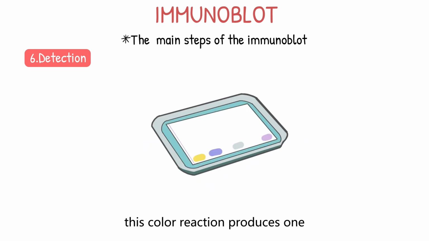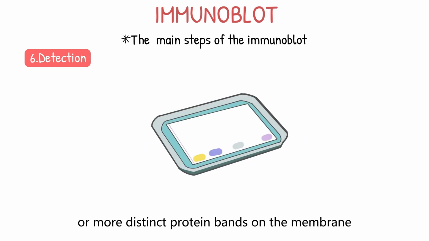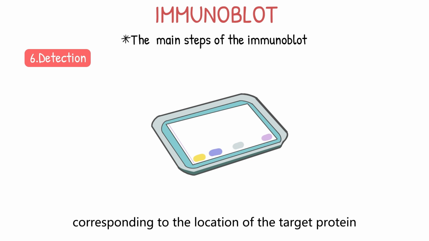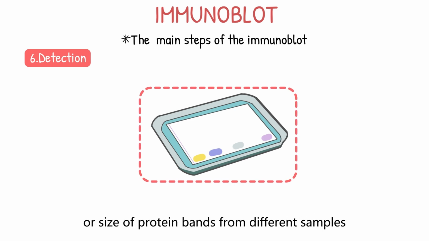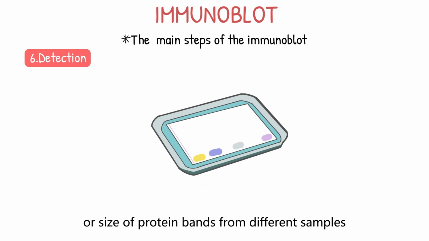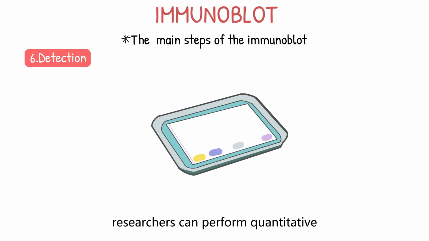This color reaction produces one or more distinct protein bands on the membrane, corresponding to the location of the target protein on the gel. By comparing the intensity or size of protein bands from different samples, researchers can perform quantitative or qualitative analysis of protein expression or post-translational modifications.